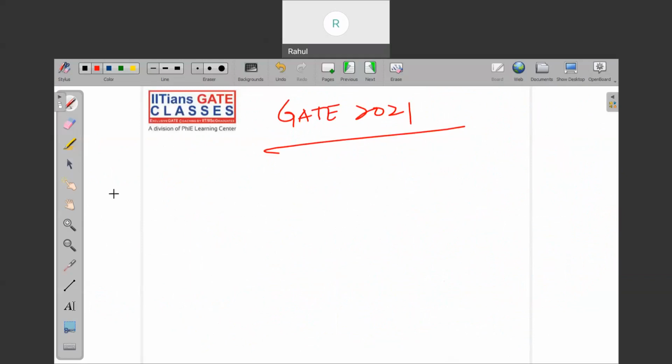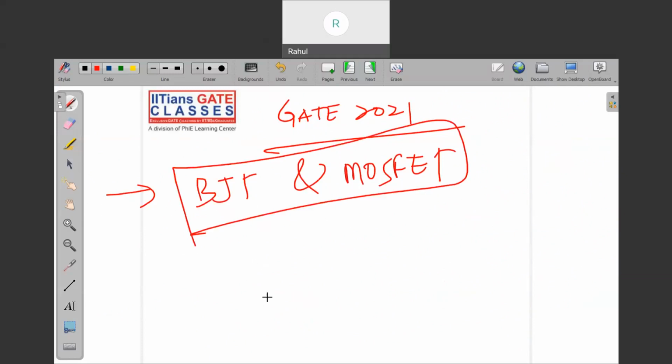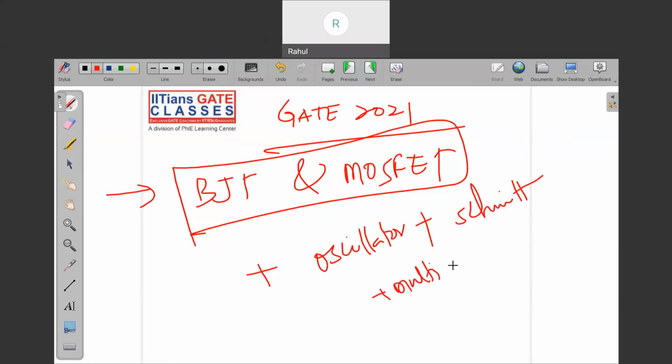Now in the next class, what I'm supposed to discuss is the bipolar junction transistor and the MOSFET. Okay, and we will also cover important topics like oscillators, plus Schmitt triggers, few problems, right? Schmitt triggers, multivibrators, because questions can be expected from here as well, right?